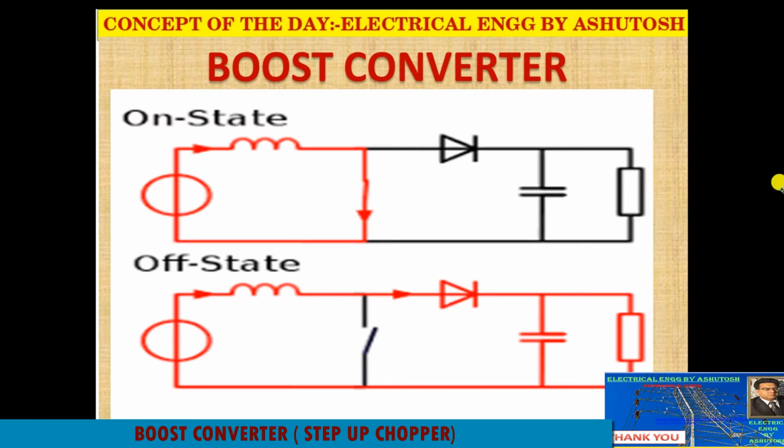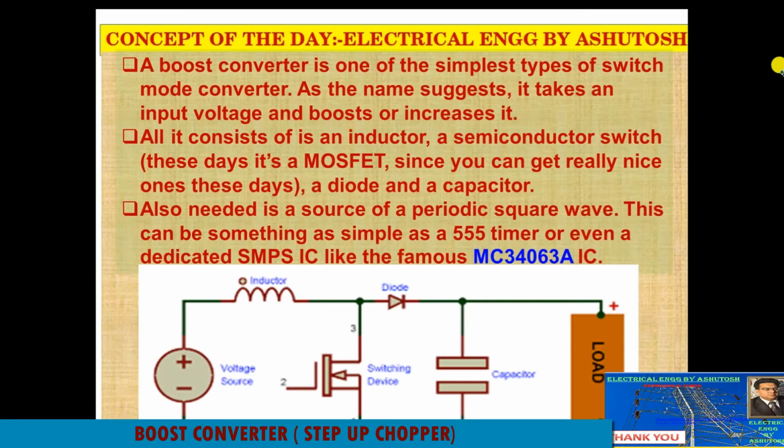So basically the boost converter operates in two modes, on state mode and off state mode. You can see the function later. A boost converter is one of the simplest types of switch mode converter. As the name suggests, it takes an input voltage and boosts or increases the voltage.